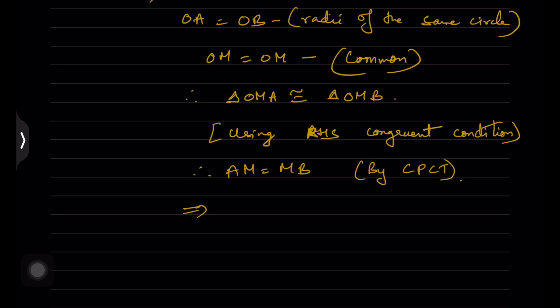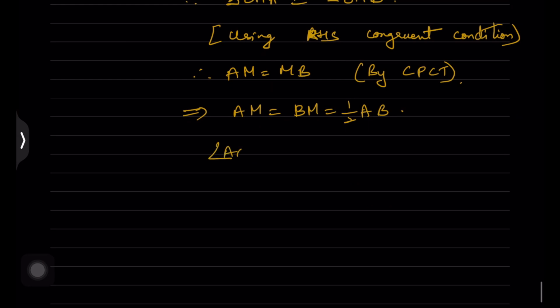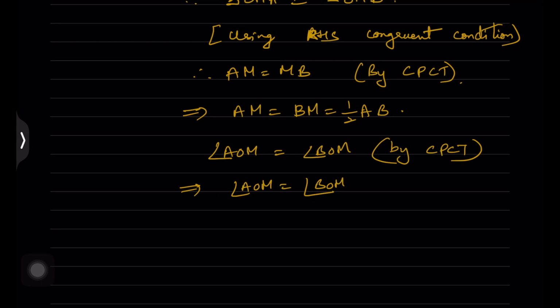So which implies that AM is equal to BM is equal to half of AB, and we also have that angle AOM is equal to angle BOM by CPCT. So which implies angle AOM is equal to angle BOM is equal to half of angle AOB.